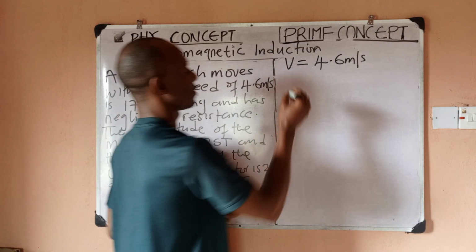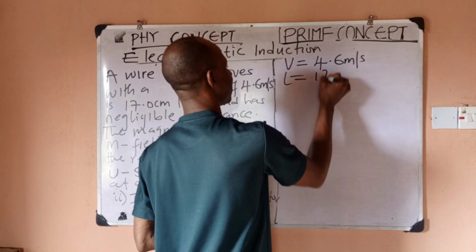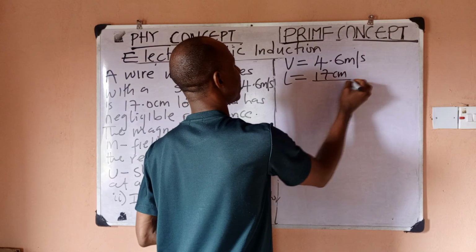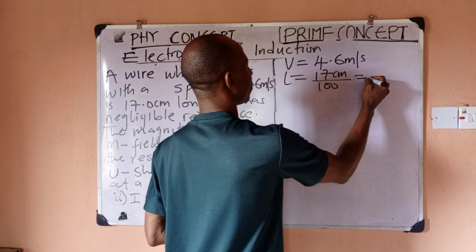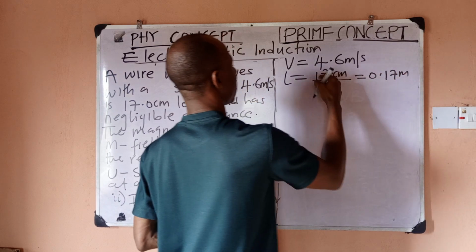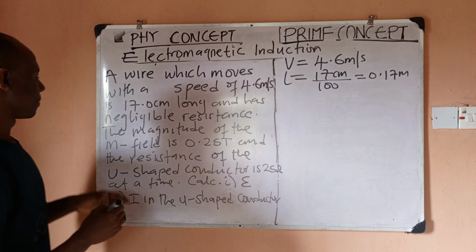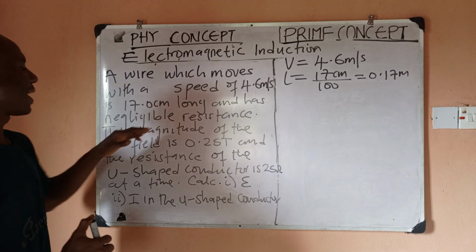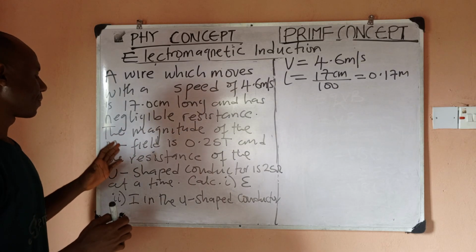So the length of that wire L is 17 cm. I would quickly divide this by 100, which would give me 0.17 meter. So it's 17 cm long and has a negligible resistance.